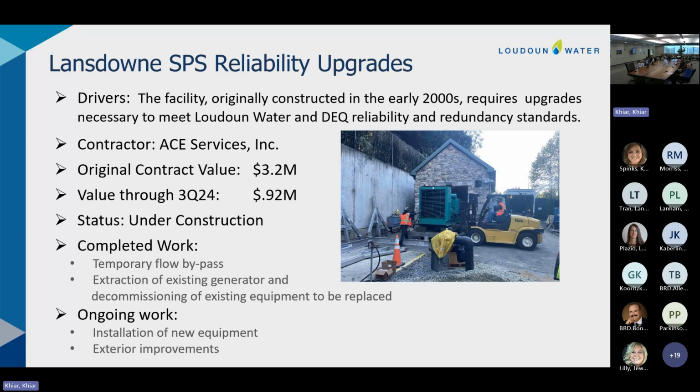That's prescribed in the contract to sort of incentivize the contractor to get going. Time is of the essence. Get it all done, so our exposure and risk is controlled. So far, they are on schedule. Installation of the new equipment is ongoing. Exterior improvements are underway. It's looking good. ACE is the contractor on this project.